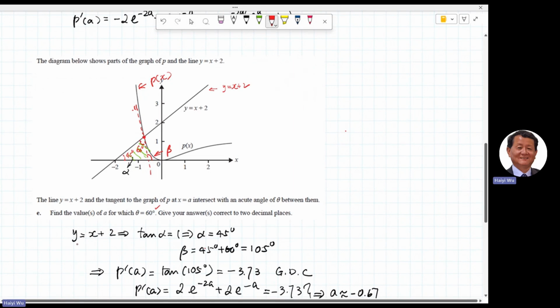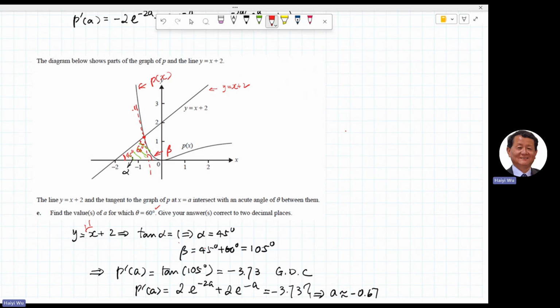First, we know y equals x plus 2, so this angle, which we call alpha, is 45 degrees because the gradient is 1. So tan alpha is 1, and alpha is 45 degrees.